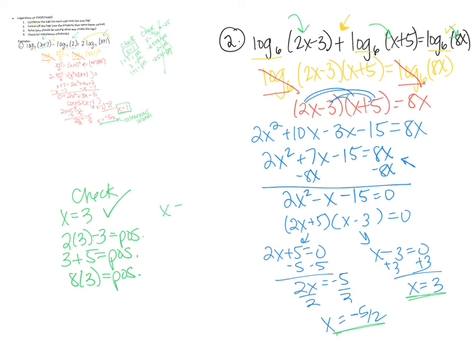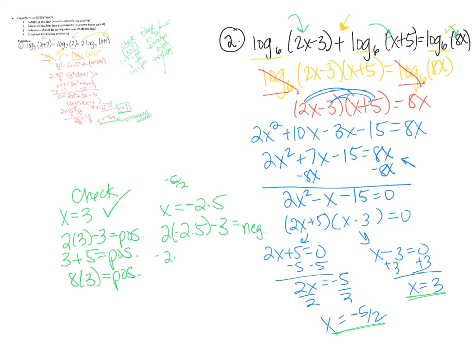All right, let's try negative 5 over 2, which again we said was negative 2.5. So 2 times negative 2.5 minus 3. Oh, that's negative. So I don't need to continue. I could, but I don't need to, because if it doesn't work for one, it doesn't work for any of it. Although I'll go ahead and show you so you can see.